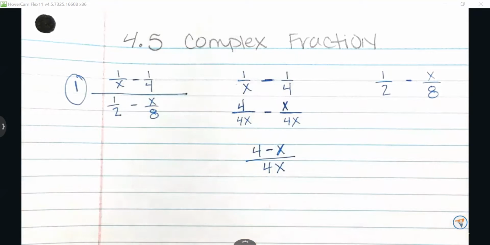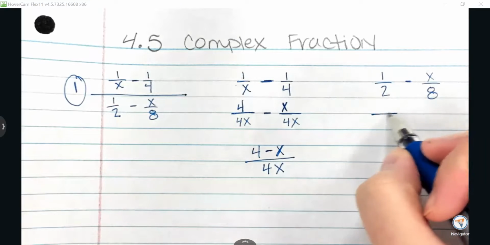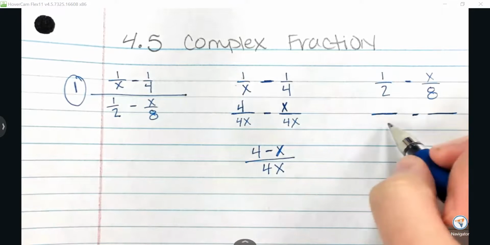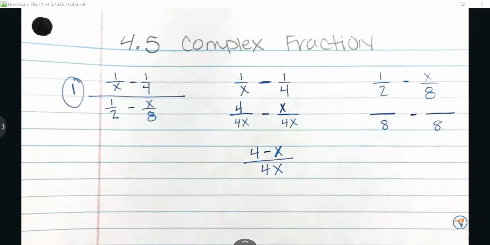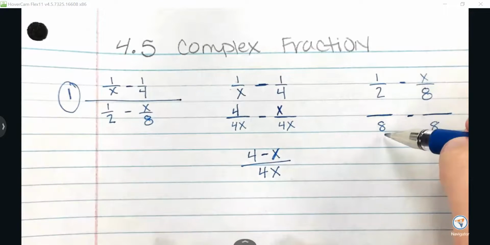So now let's go do the denominator side. I have a 1/2 minus x over 8. What will my new denominator be? 8. 8 will be my new denominator. So what does it take to get from 2 to 8?